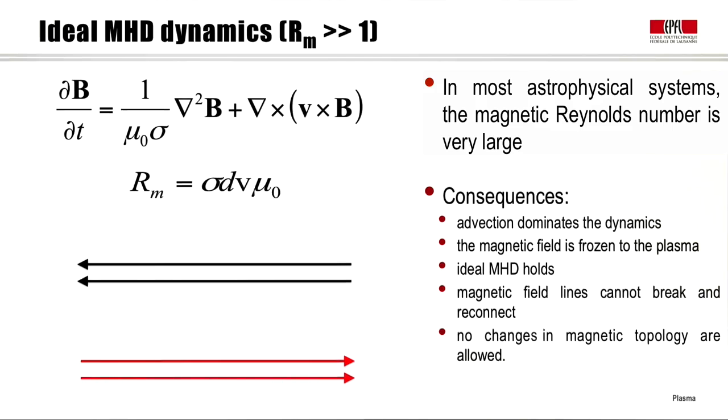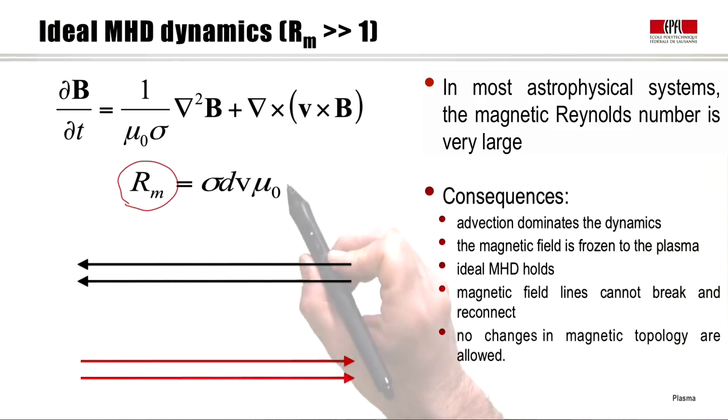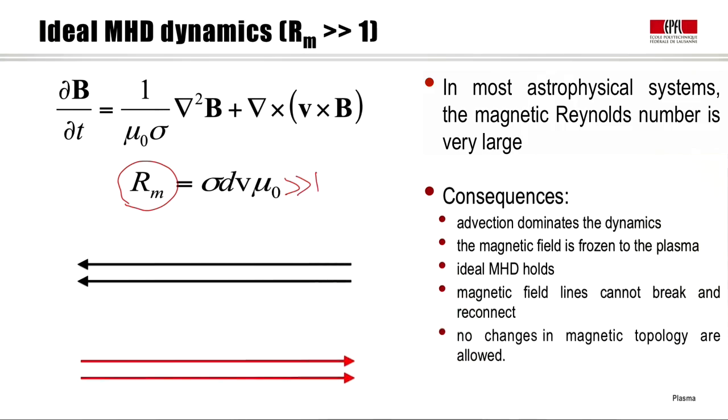The key parameter in this equation is the magnetic Reynolds number, which in most astrophysical systems is much larger than 1. Let's suppose that we start from a situation where we have opposite directed magnetic field lines, as shown in this picture, which are embedded in a plasma with a magnetic Reynolds number much larger than 1.